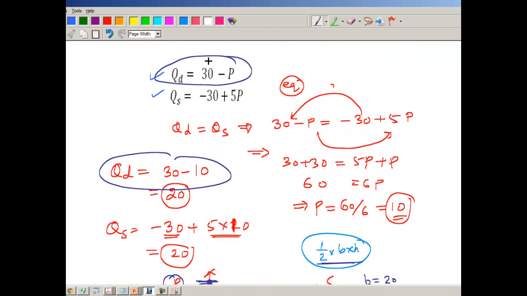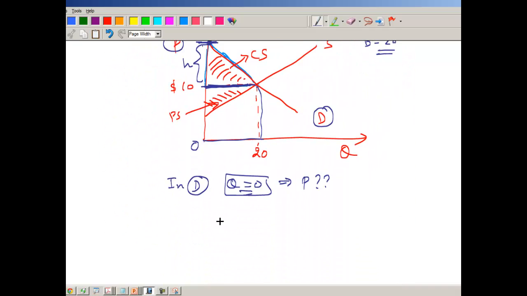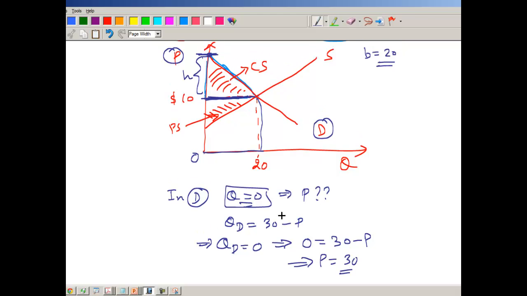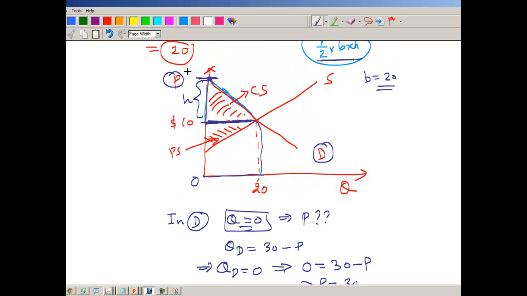What if I put QD equal to 0? It will be 0 equal to 30 minus P. So your price will become equal to 30. It means that this price is 30. So I can erase this and I can say that this is equal to 30.